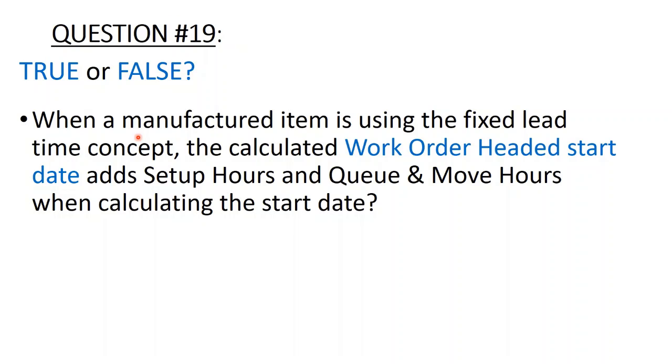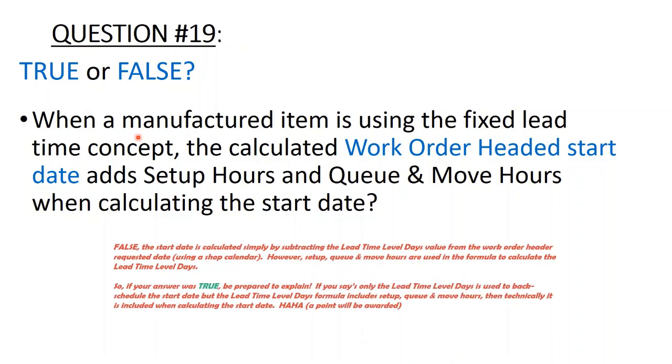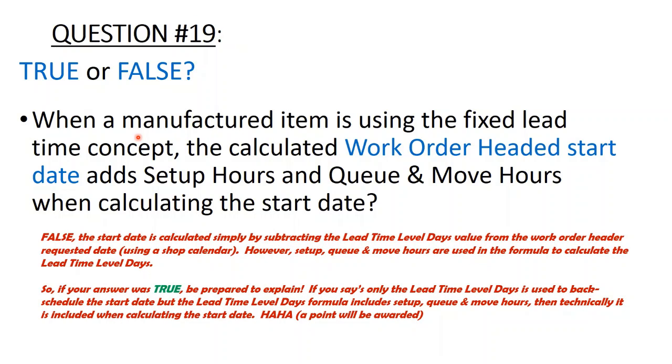True or false? This is kind of a trick question, but hopefully you said false. The start date is calculated simply by subtracting the lead time level days value from the work order header requested date, using a shop calendar, of course. However, setup, queue, and move hours are used in the formula to calculate the lead time level days.